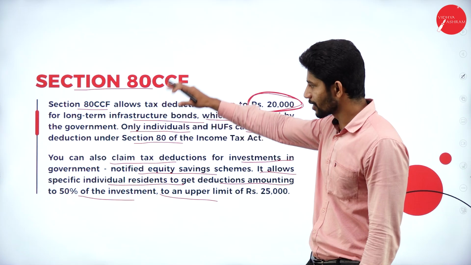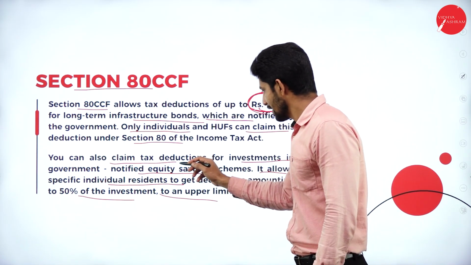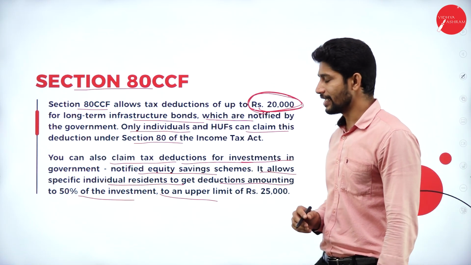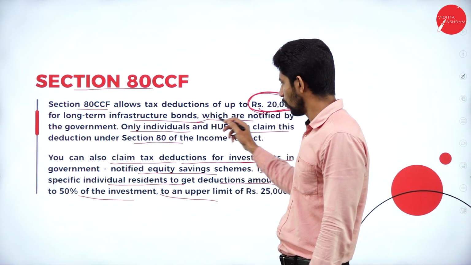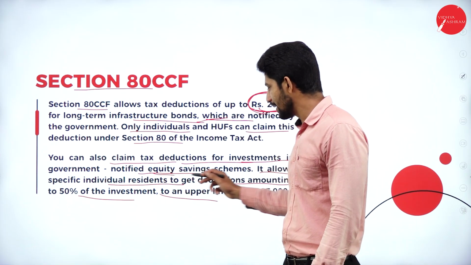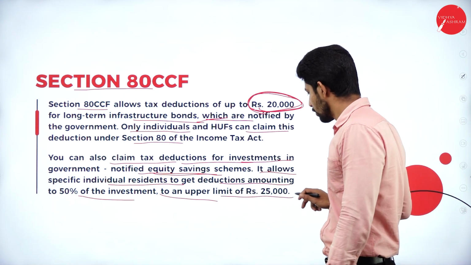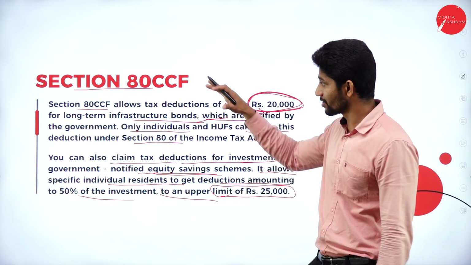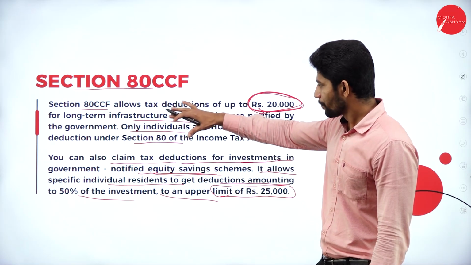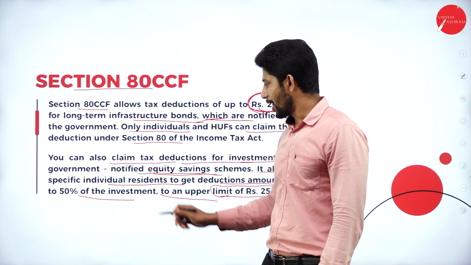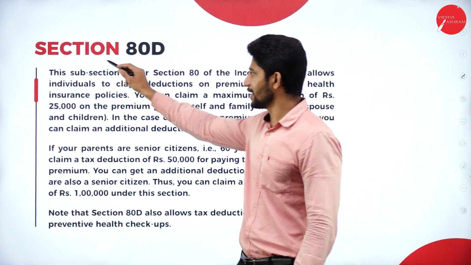Other than investing in government infrastructure bonds, you can also invest in the government notified equity savings scheme, up to the maximum limit of 25,000. So this is what section 80CCF says about investment in government infrastructure bonds and the government notified equity savings scheme. Moving further, section 80D.